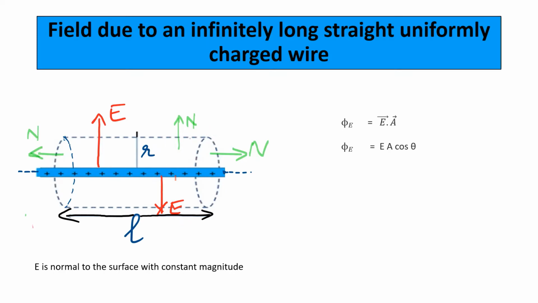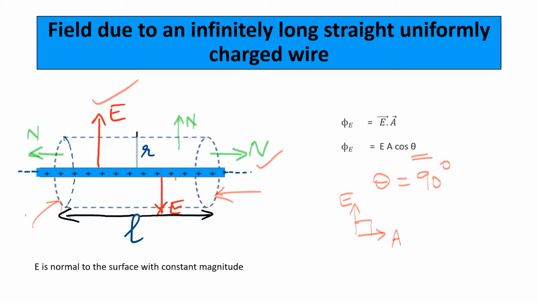First, let us consider these two end faces. What is angle theta? Theta is equal to 90 degree when you consider the end faces. This is the direction of electric field and this is the direction of the area vector A. E and N are perpendicular to each other.